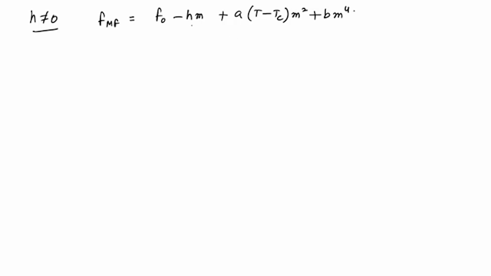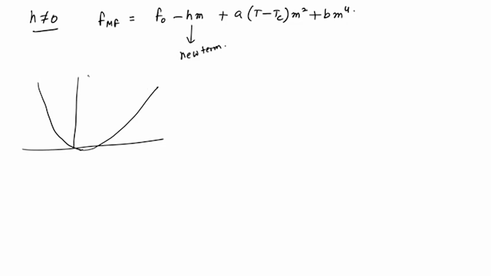So this is the new term in presence of H not equal to 0, and accordingly these plots that we have presented in the last slide get skewed to one side. So it becomes asymmetric.